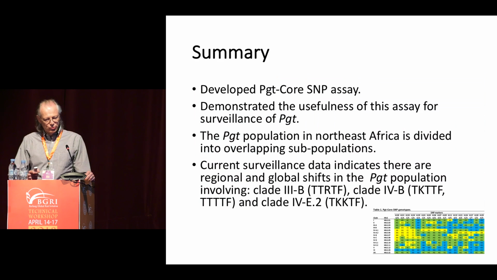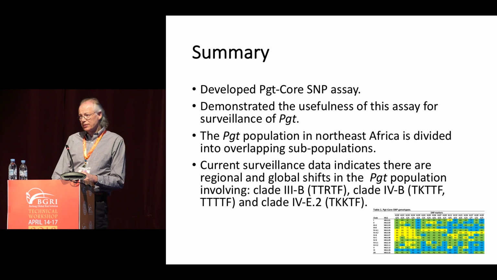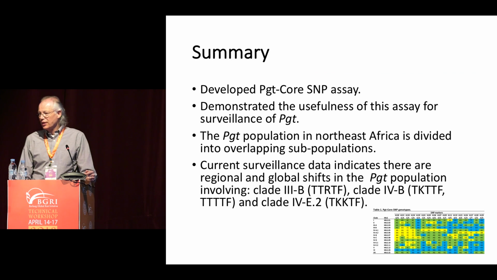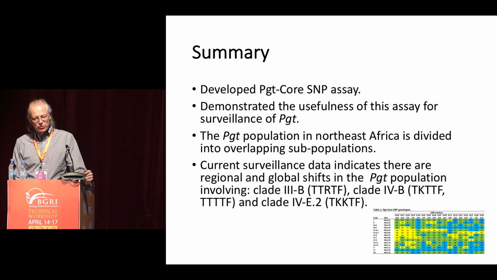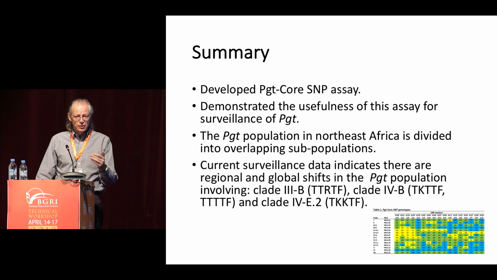So I just want to make a quick summary. First of all, we've developed a PGT core assay that is quick and portable, so it can be used in regional diagnostic labs. We've demonstrated the usefulness of this assay for surveillance for PGT in Ethiopia, Eritrea, Kenya, and Tanzania over several years.